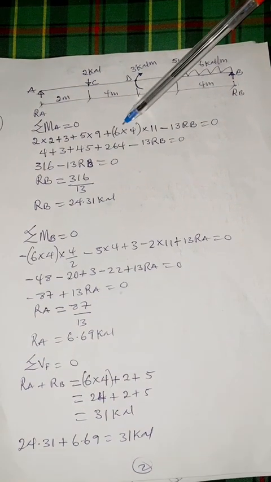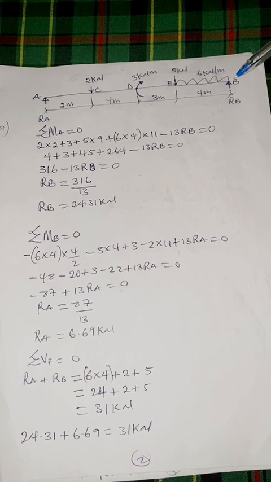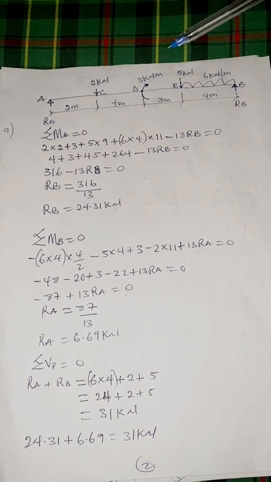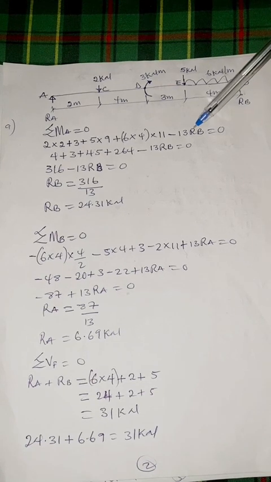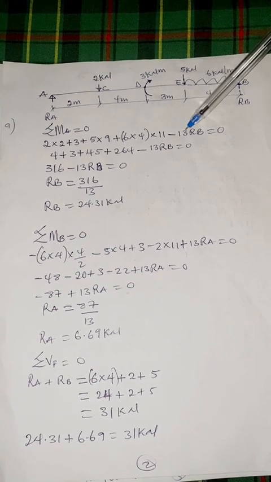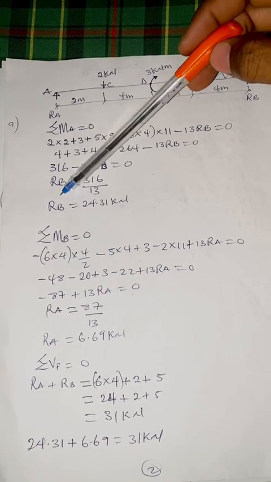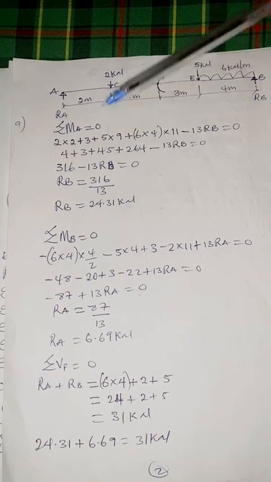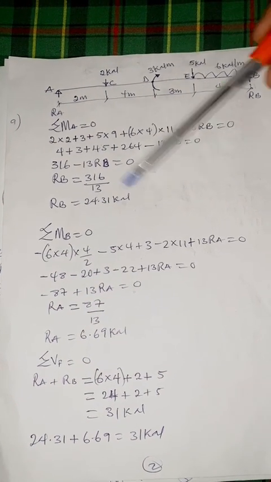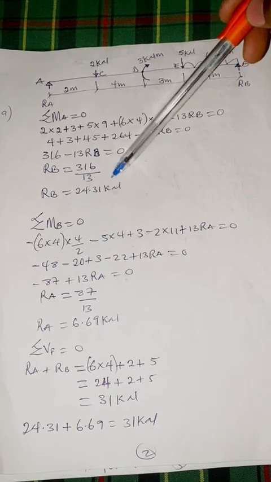So the point load, 6 times 4, multiplied by 11. Then at point B is a negative moment, which is negative RB times the total length, which is 13, equals to 0. If you do it mathematically, you'll have your RB equals to 24.31 kilonewton. Watch my previous video, you will see this particular reaction. RB equals to 24.31 kilonewton.